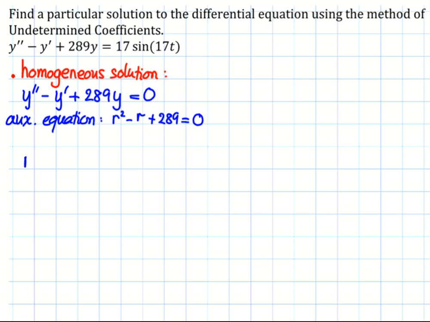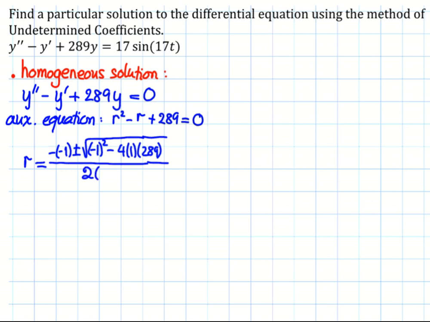We will solve for r, so let's use the quadratic formula. We have negative b plus or minus the square root of b squared minus 4ac, divided by 2a.